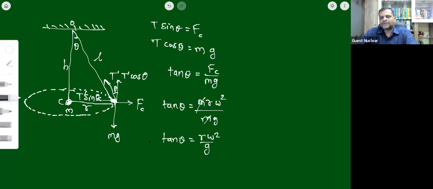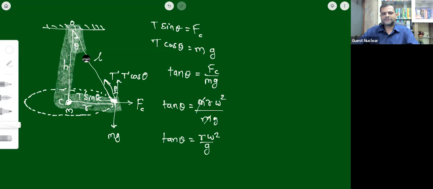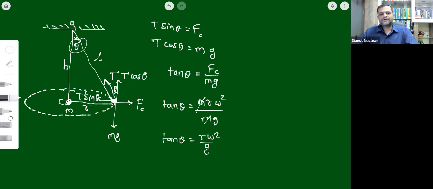But actually, from this triangle, if you see carefully, the angle above is theta, so we can say that tan of this theta will be equal to the opposite side upon the adjacent side. You know the value of tan theta is opposite side upon adjacent side. So according to that we get another value of tan theta, which is r upon h, correct?